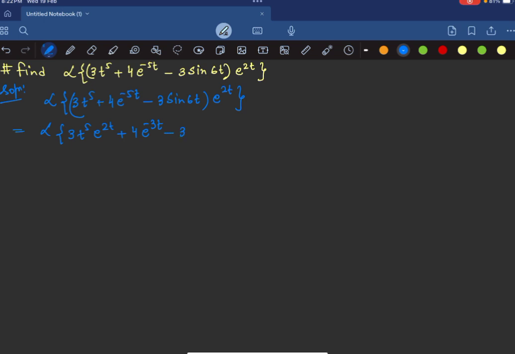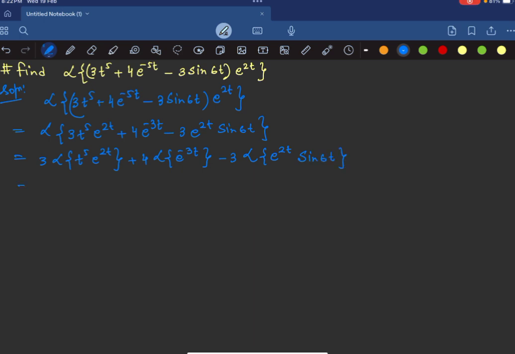Just try to simplify it. Now apply the linearity property, so it becomes 3 times the Laplace transform of t power 5 e power 2t plus 4 times the Laplace transform of e power minus 3t minus 3 times the Laplace transform of e power 2t sine 6t.